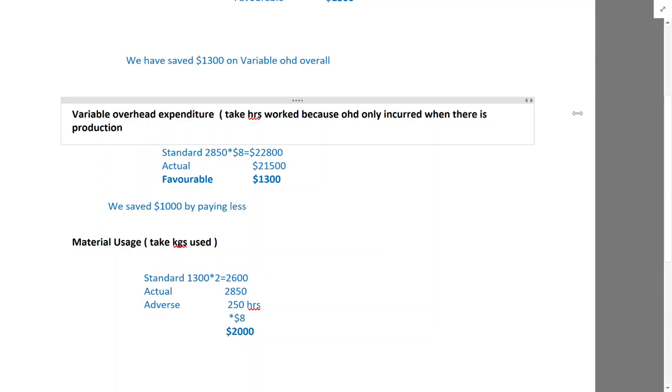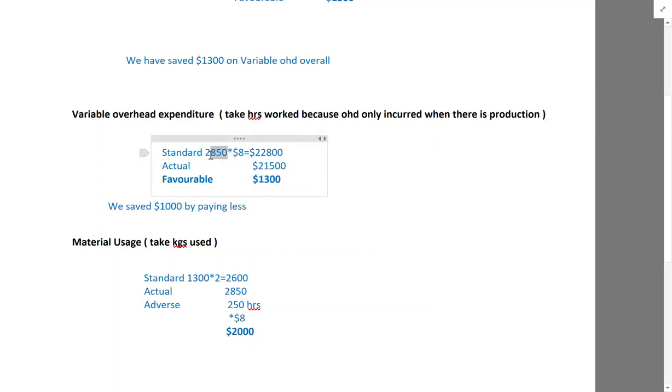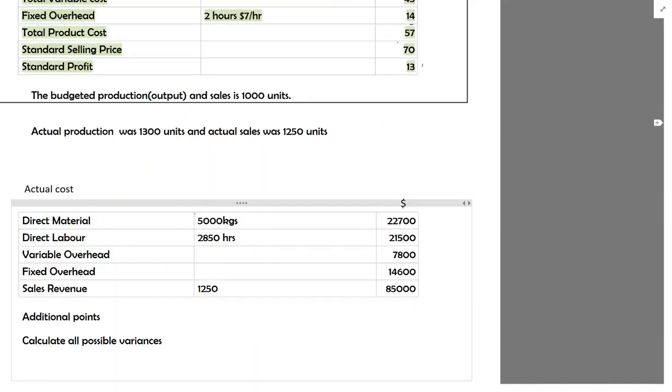Or any work if it is not production. So in this case, our work, our pay is the same. So we have 2,850 hours, which is 3.5 per hour. So it should be 99.75 standard. But actually, we incurred 7,800.